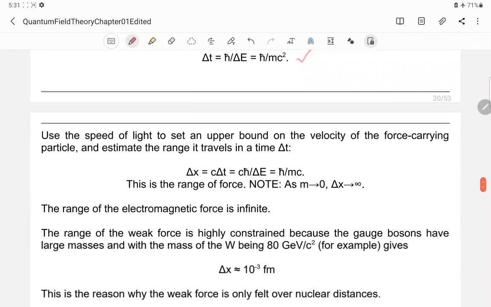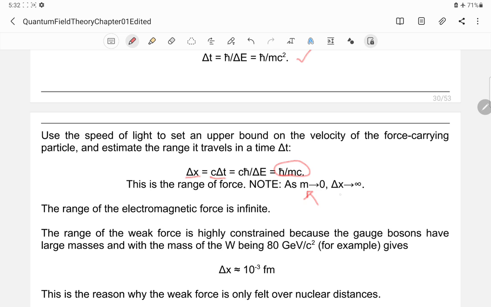So if you use the speed of light to set an upper bound to the velocity of the force carrying particle, then delta x would just be c delta t, and that would give you the range of force, h bar over mc. And if m goes to 0 here, delta x would be infinity.